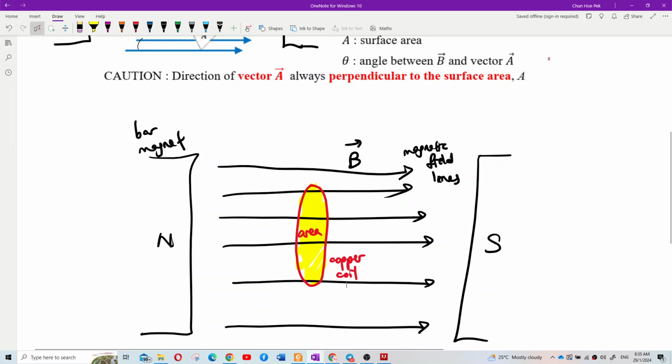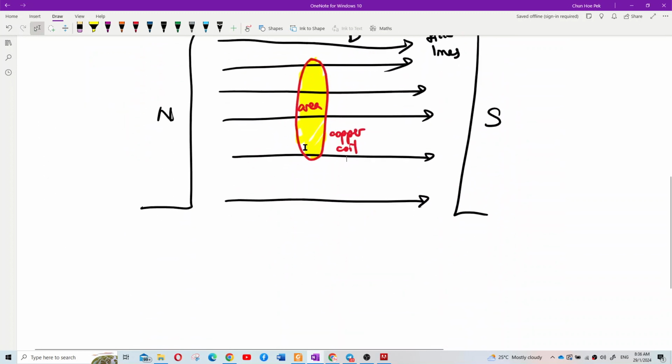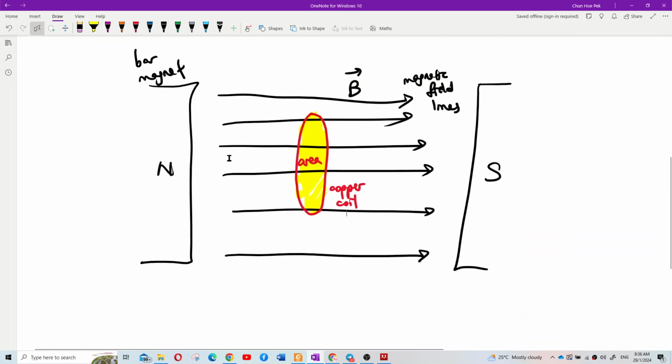So the magnetic field lines that pass through this yellow area are called what? Class, tell me. What's the name? Magnetic? So shy. It's called magnetic flux. The magnetic field lines passing through this area are called magnetic flux.